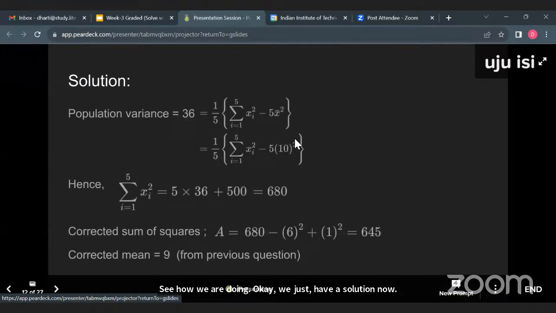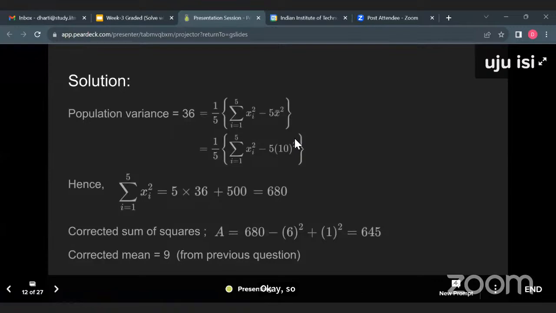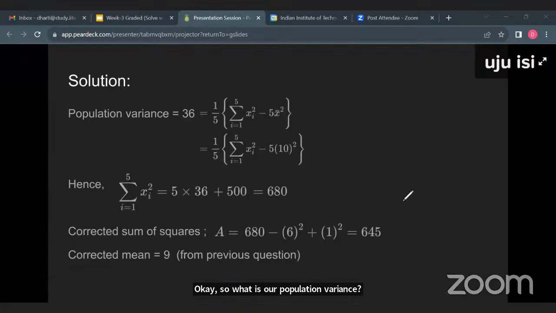Okay. So what is our population variance? Can you tell the formula? Our variance is equal to sigma square, right? And sigma is equal to 6, given to you. So your sigma square is 36.